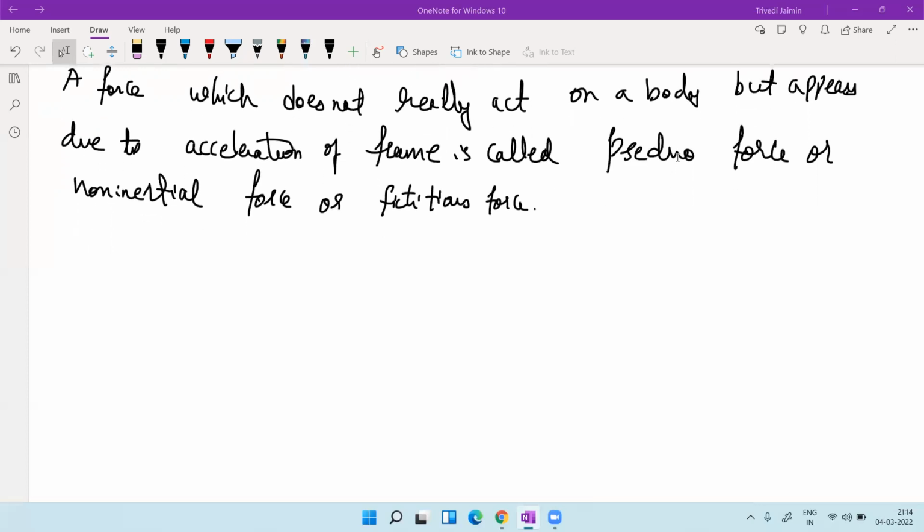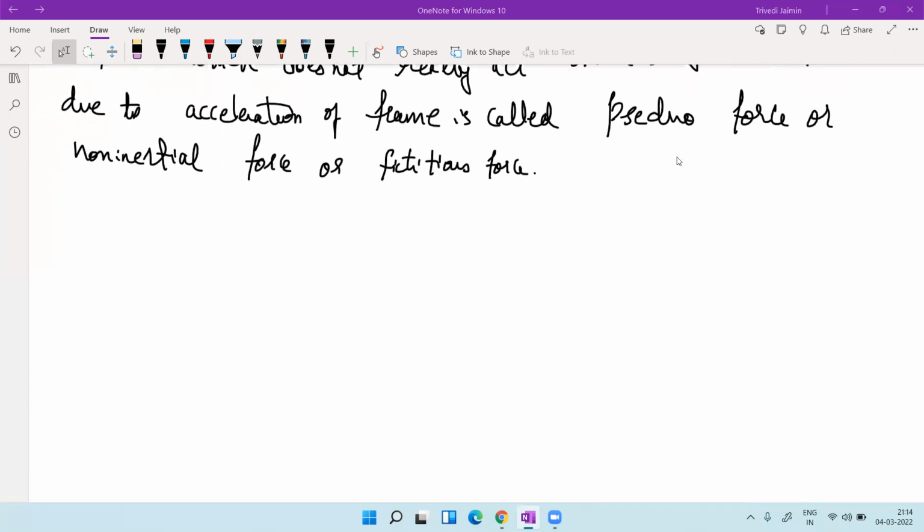So let us directly start with some reference frames and all that. Examples of motion. I have a very good example here. Let me show you. Let me write centrifugal force, CFF.